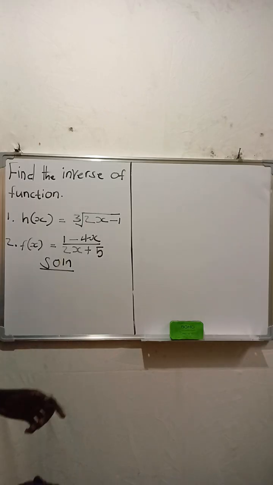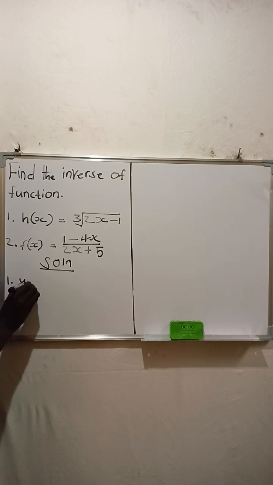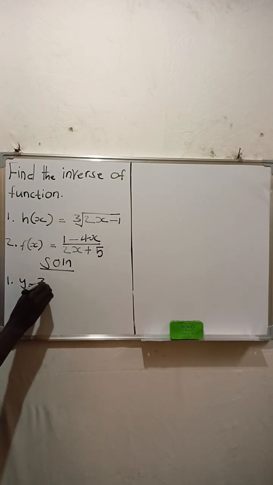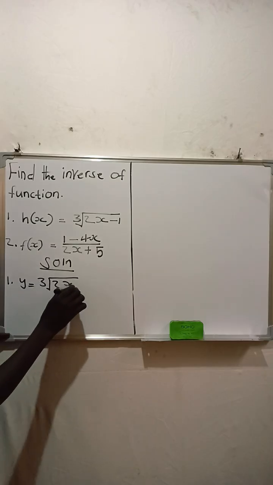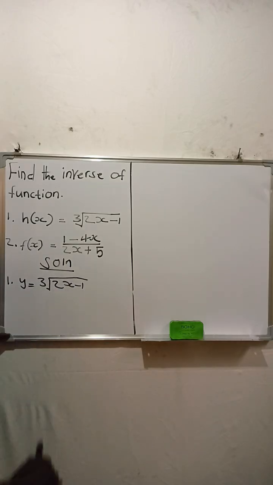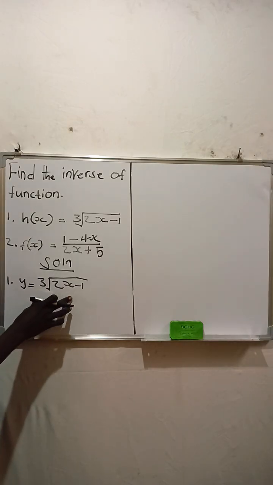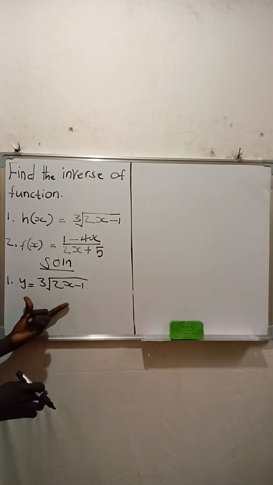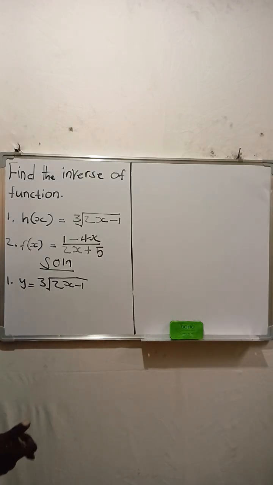So y is equal to the cube root of 2x minus 1. Now we're looking for x. Let's make x the subject. How are we going to do it?